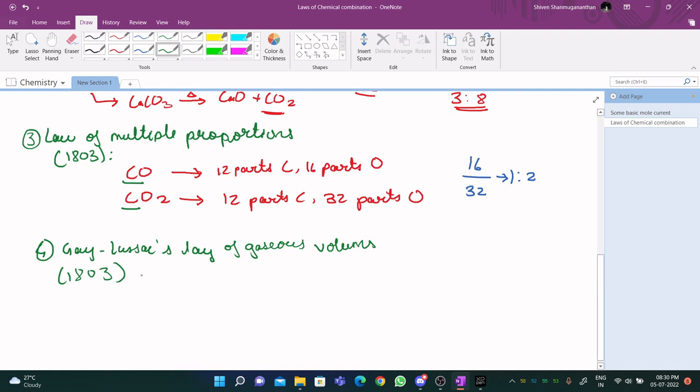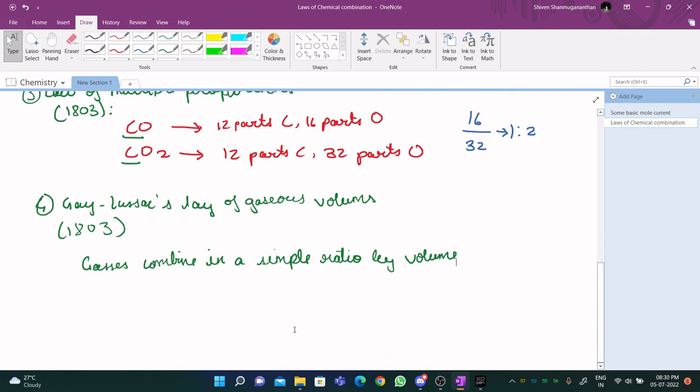So write that down. Gases combine in a simple ratio by volume.